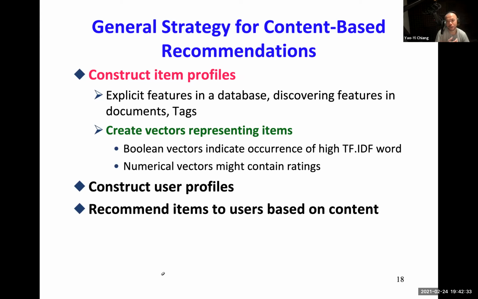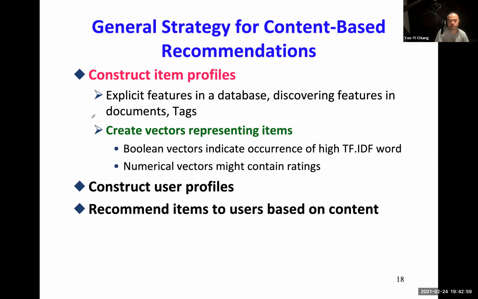You have to think really hard to come up with all these features, and they have to make sense, because if they don't make sense, the user will not be able to use them, right? So creating all these features is actually very difficult for many applications. That's why, if we are able to discover them automatically, it will be very useful.